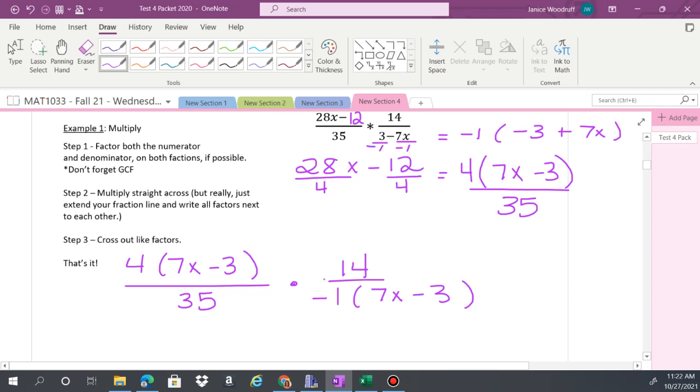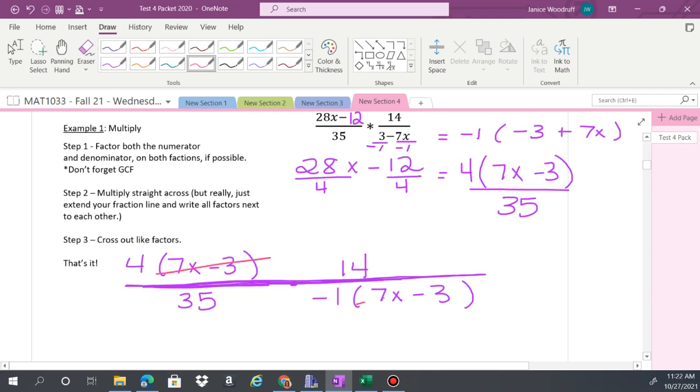So once you get everything simplified, then you multiply straight across, but you're not actually multiplying. Okay, here's what you're going to do. You're going to take that line, and you're just going to extend it like this. And now everything is written next to each other. Do I have anything that is the same in both the top and the bottom? 7x minus 3.